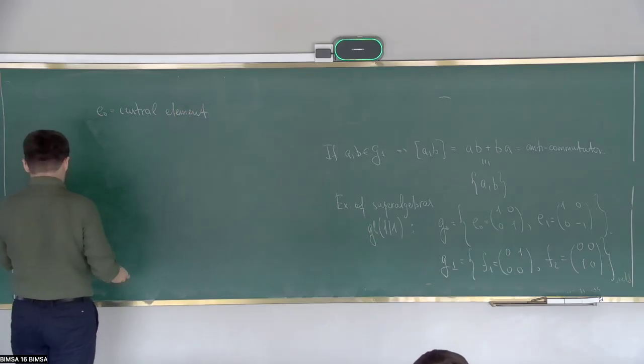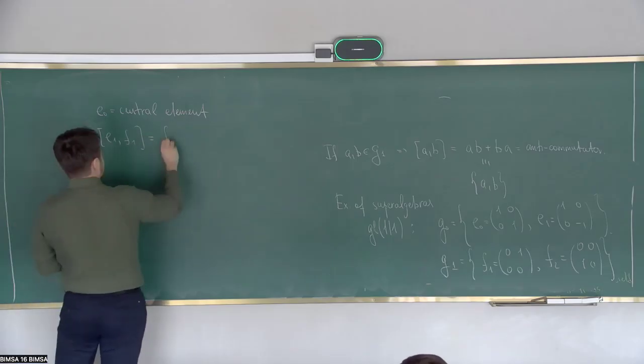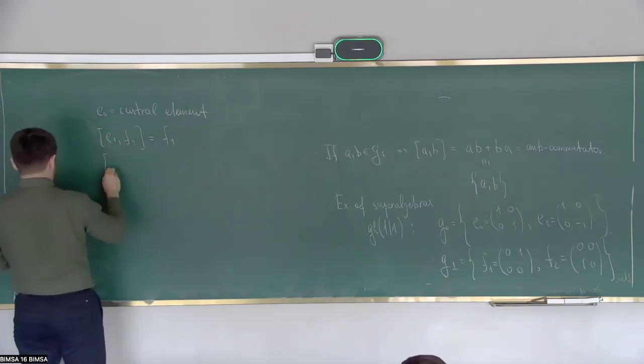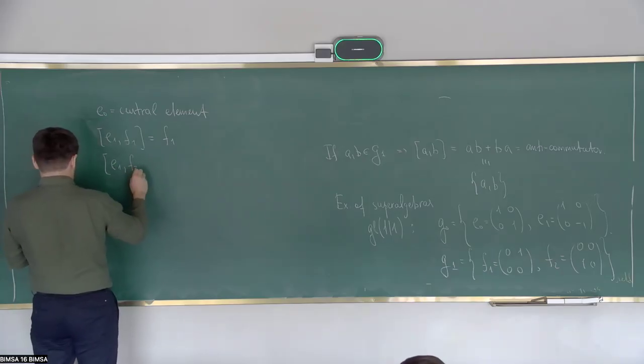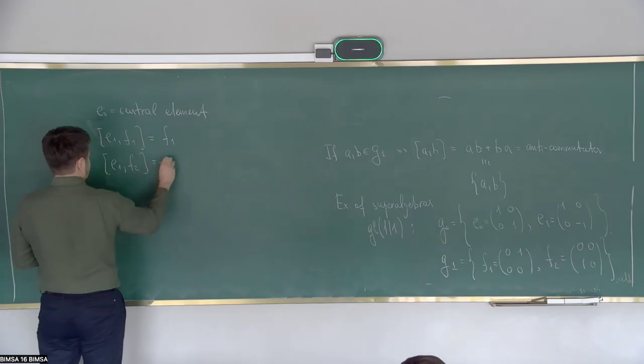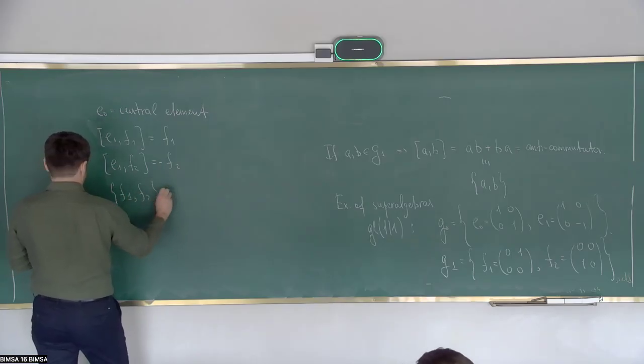And the other non-trivial commutators are: E1 with F1 gives F1, E1 with F2 gives minus F2, and the anticommutator of F1 and F2 is E0. The anticommutator of F2 with itself is 0.